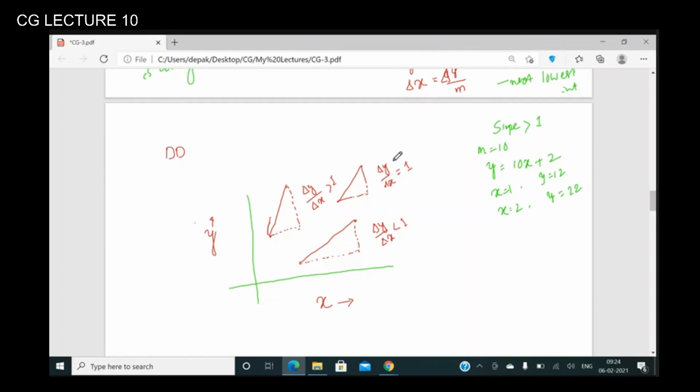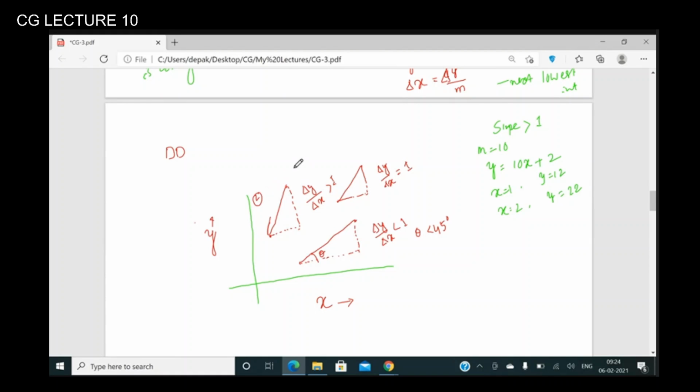So another way we can also express all these lines, particularly when the slope is less than 1, at that time the theta is nothing but less than 45 degree, right? Less than 45 degree in this case. And let's say this is the second case.